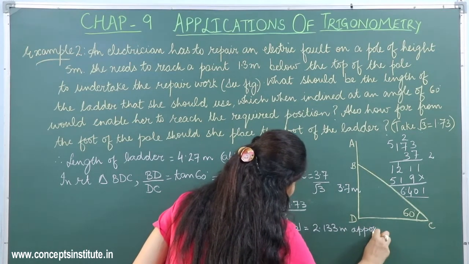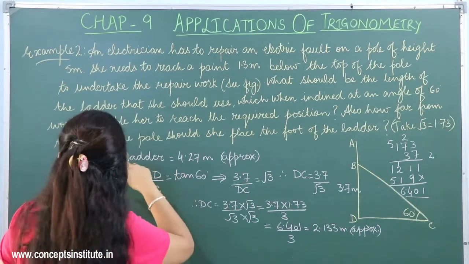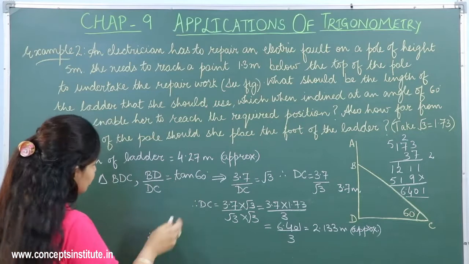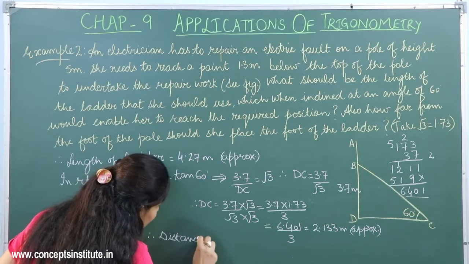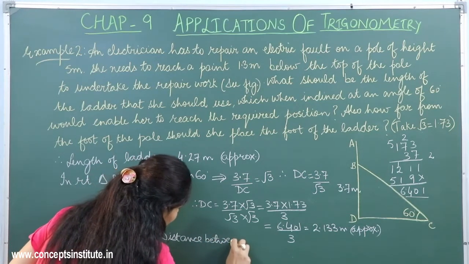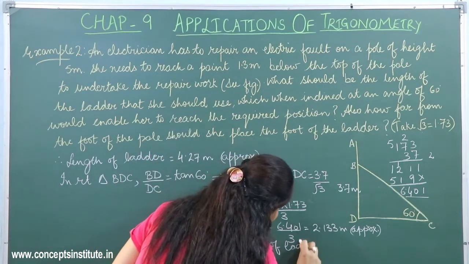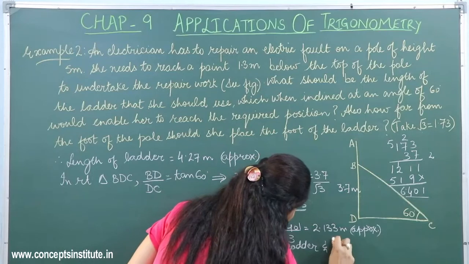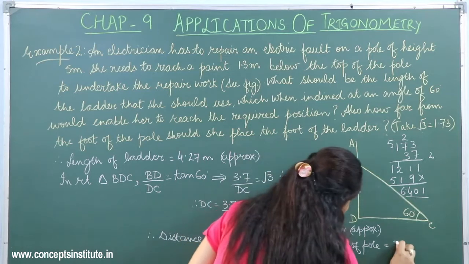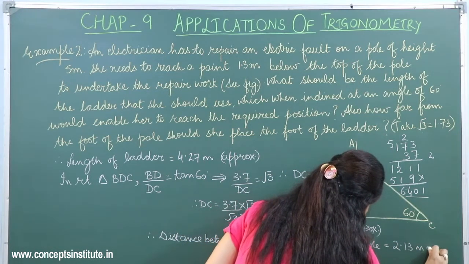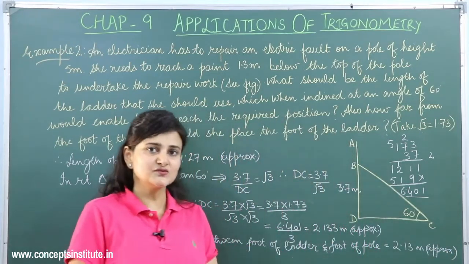So I am going to write, therefore we were supposed to find how far from the foot of the pole should she place the ladder. Therefore, the distance between foot of ladder and foot of pole is equal to 2.13 meter approximately. We generally write till 2 decimal places. Right, students?